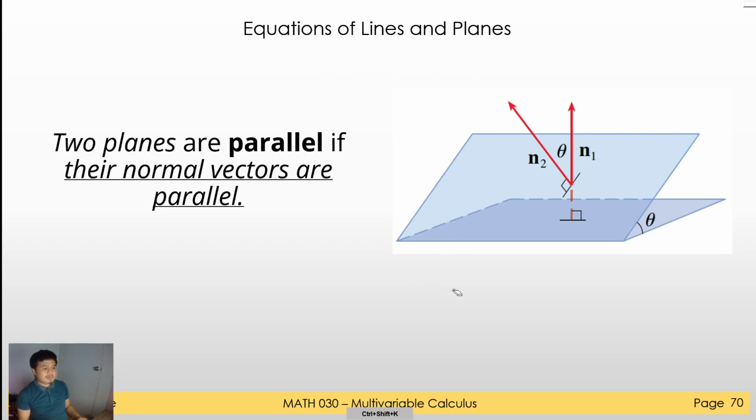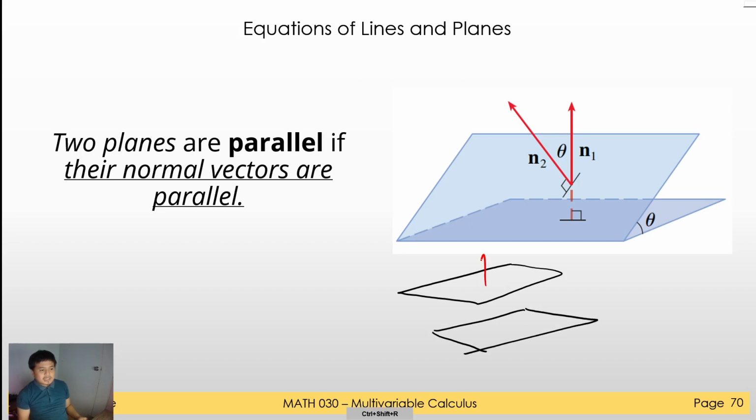We can imagine we have a plane on top and another plane below, and this is the vector for the first plane and this is the other. If we extend them, we can see that they are parallel. Therefore, if the orthogonal vectors are parallel, then their planes are also parallel. That is one way to visualize this.